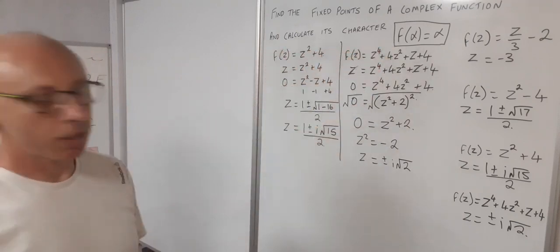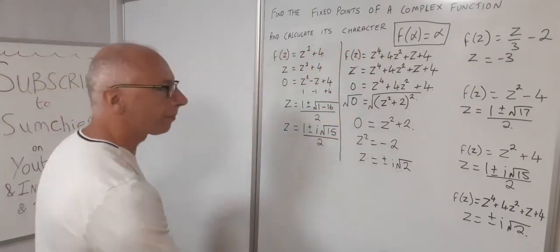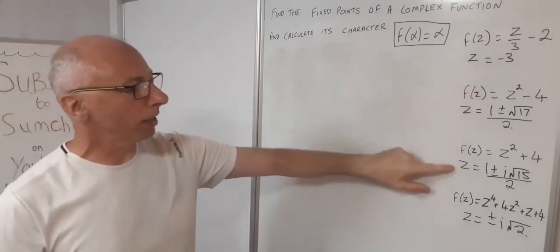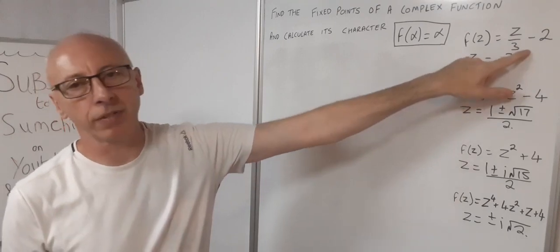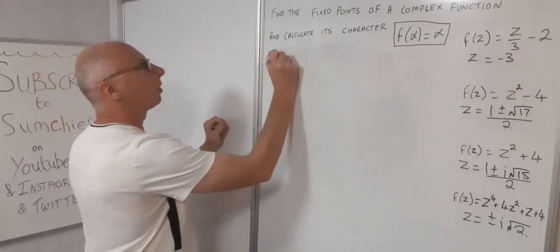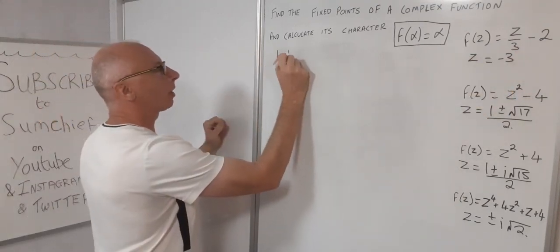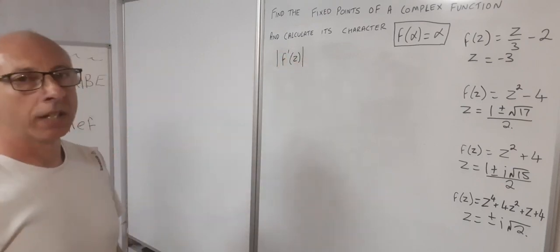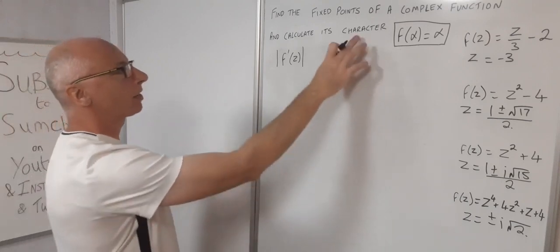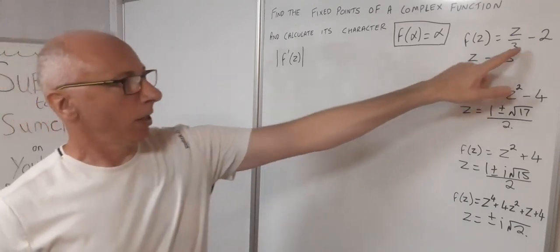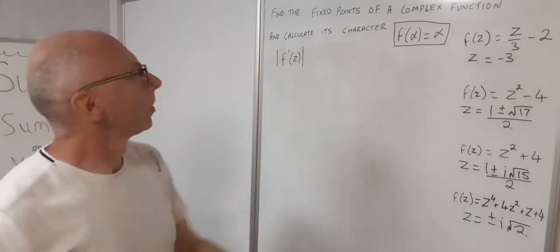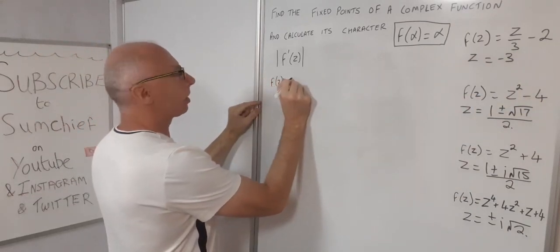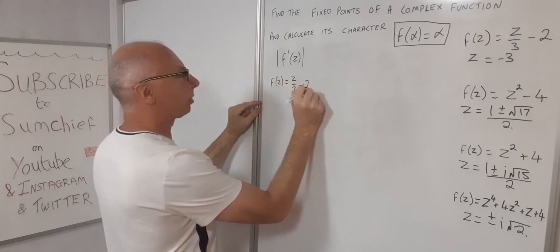Now we need to find the characteristics of these fixed points, and that's got to be found by taking the derivative. So what we're looking for is the absolute value of f prime of z. That's the bit we're interested in for finding the characteristics. So let's take the derivative of this one. So f of z equals z over 3 minus 2.